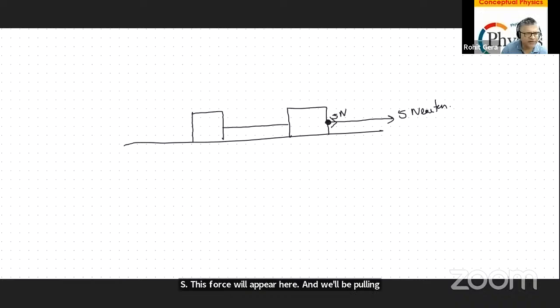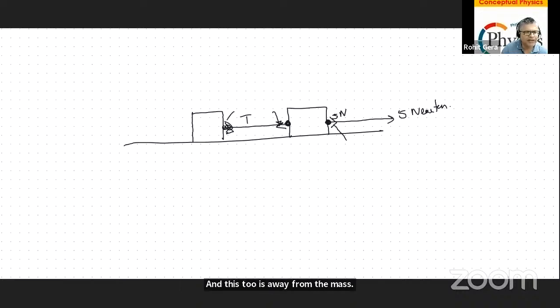At this point, whatever tension appears, at the edges again, it will be directed away from the mass. This is away from the mass, this is away from the mass, and this too is away from the mass.